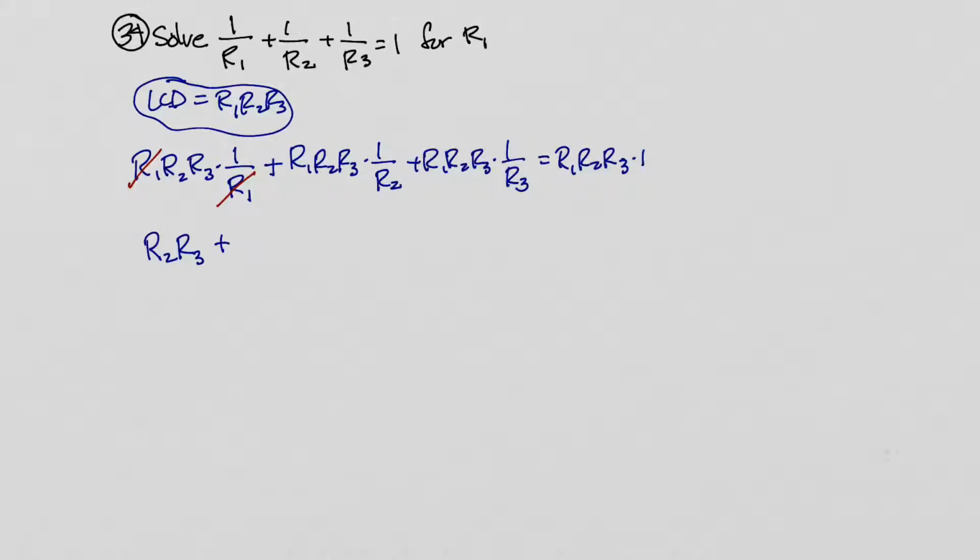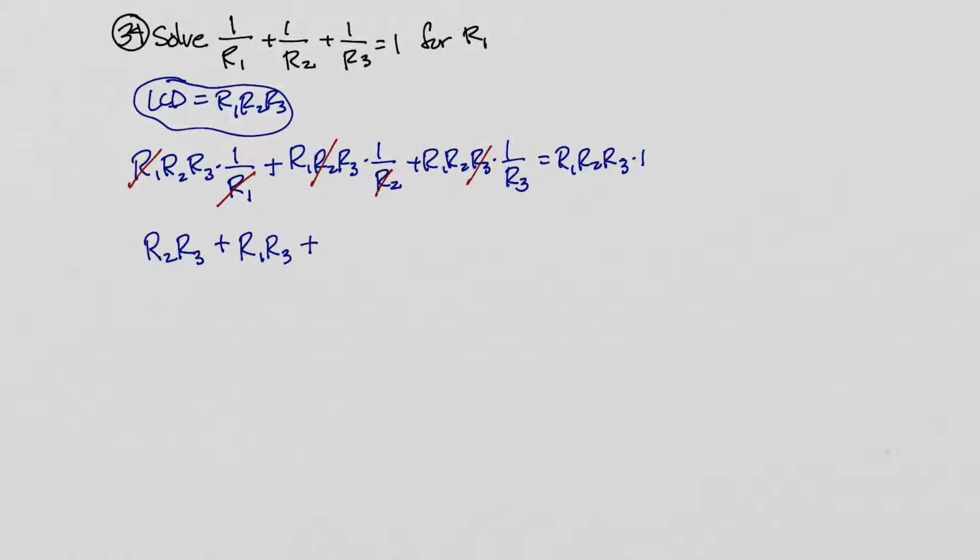Plus, now what happens in this second term? The R2's cancel. So let's do that. Cancel those R2's, and then we're going to have 1 times R1, R3, which is R1, R3. Plus, and now over here, the R3's are going to cancel.